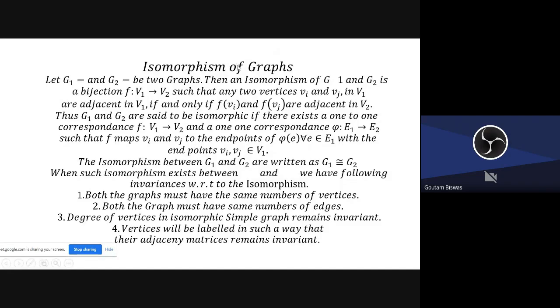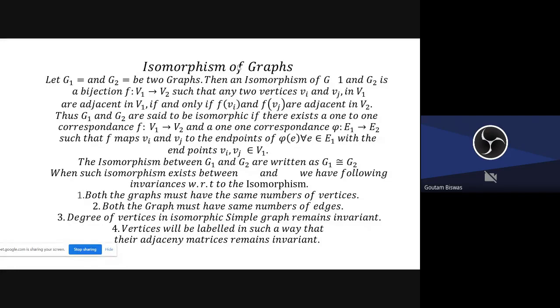Now isomorphism means, suppose there are 2 triangles. Okay. Now if you superimpose one triangle on the other, what will happen? Either all the vertices of the triangle just sit on the vertices of the other triangle.